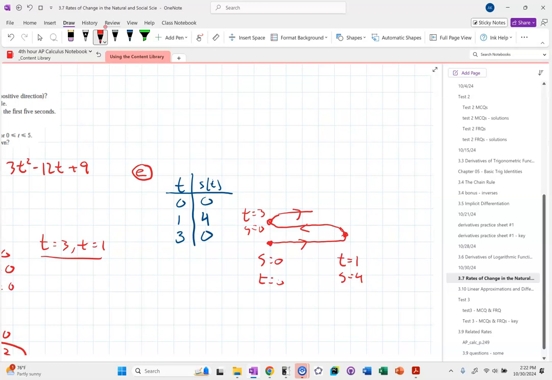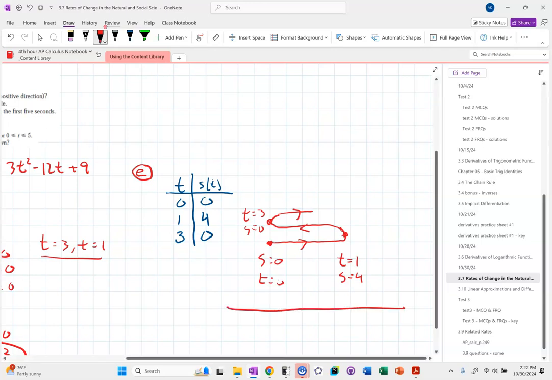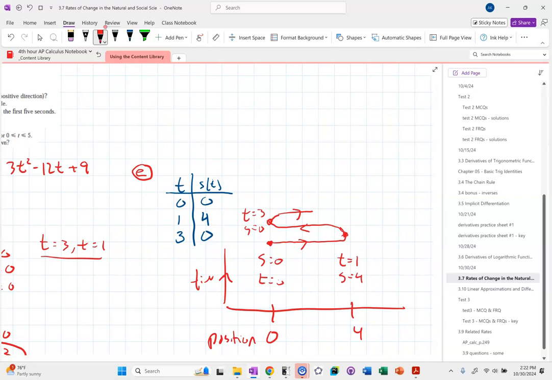So mostly I'm graphing position, and this is time. So graph it based on the speed equation.